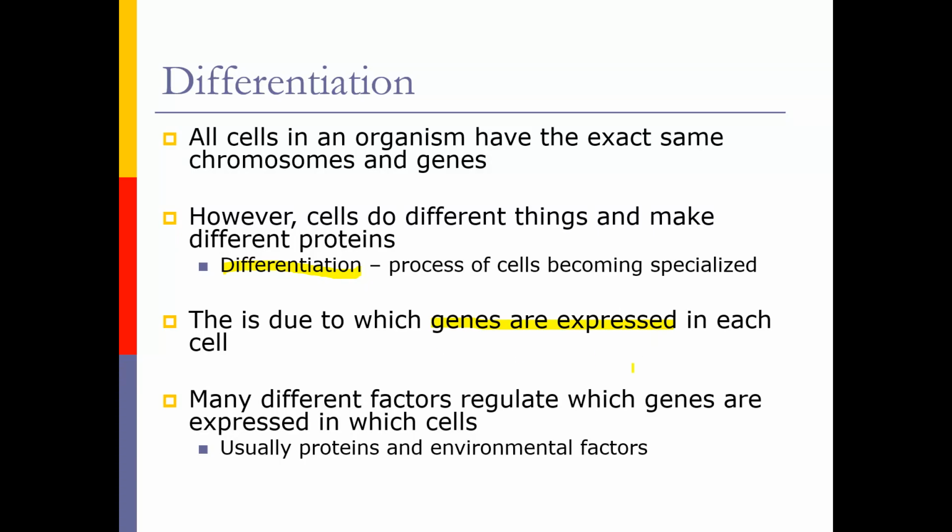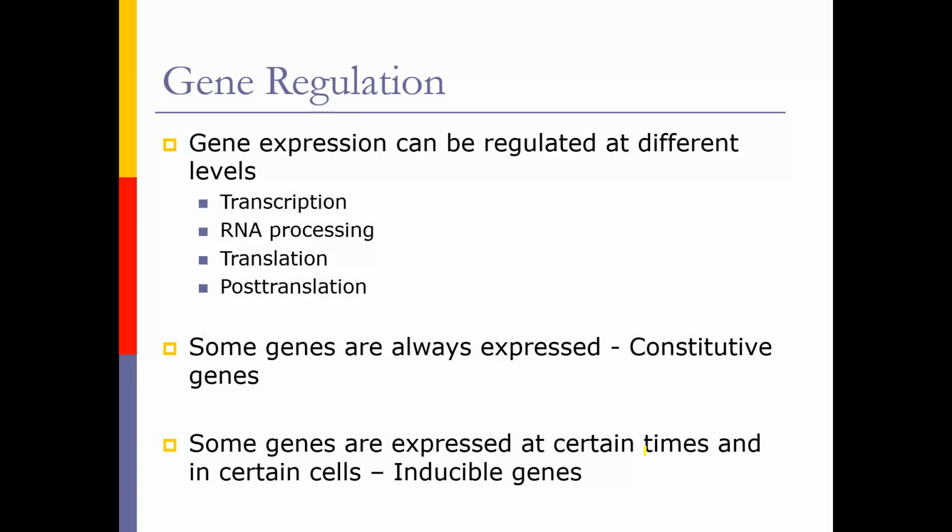And so there's a lot of different factors that regulate which genes are going to get copied. Now, normally it's going to be a protein thing, or it could also be due to factors that are outside of our cells in the environment. And so most of the time when we're talking about gene regulation, we're going to talk about it in terms of the transcription level, okay?